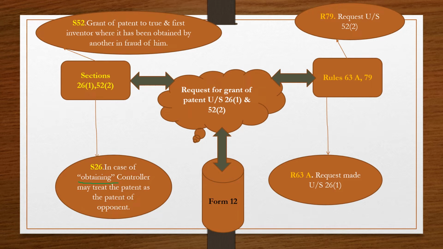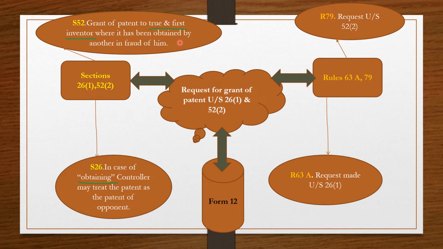Fine, and now we will go to section 52. The title is grant of patent to true and first inventor where it has been obtained by another in fraud of him. Okay, so here the keyword is true and first inventor. That means if the true and first inventor is cheated by someone, we can say he or she is the deserving candidate for getting the grant of the patent.